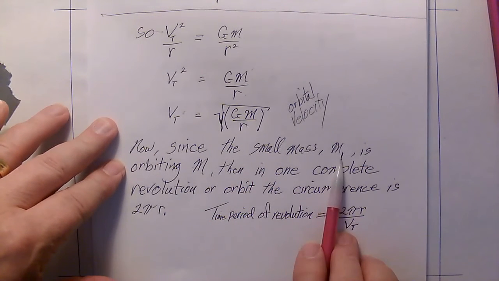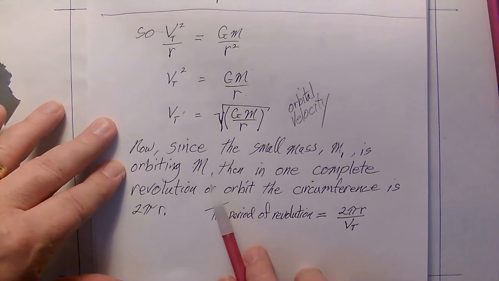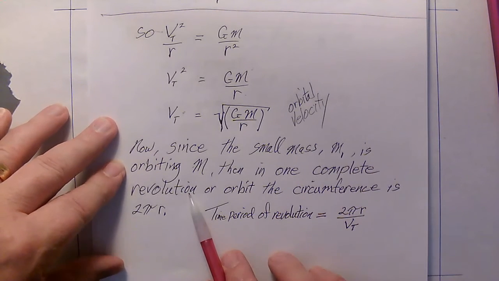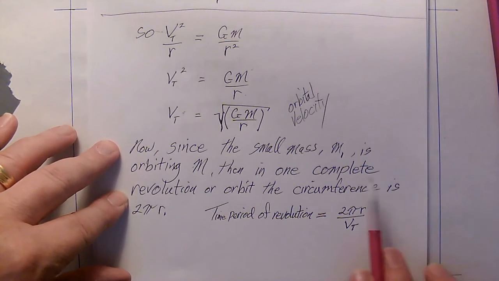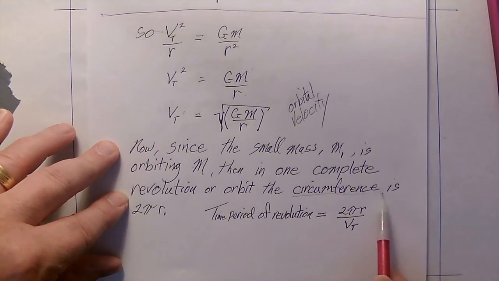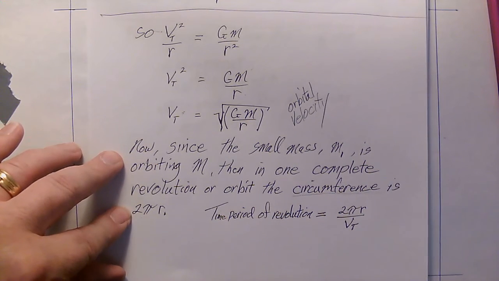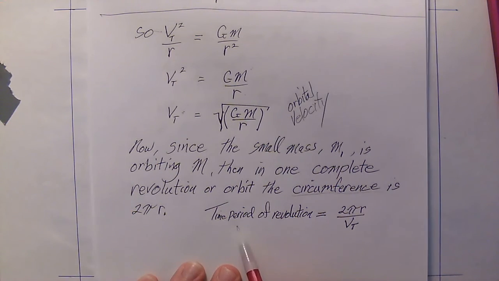Now, since the small mass m1 is orbiting, then we make one complete revolution of orbit where the circumference, that distance, is 2 pi r. So the period of revolution, how long it takes to go one time around, is the circumference divided by the velocity.